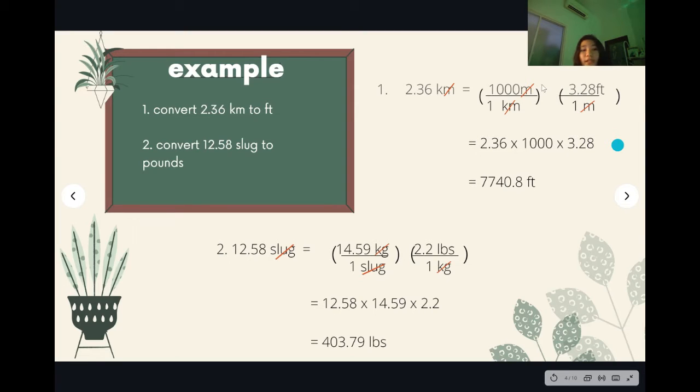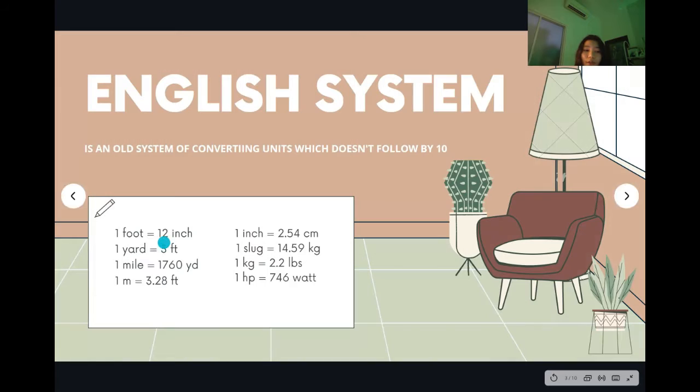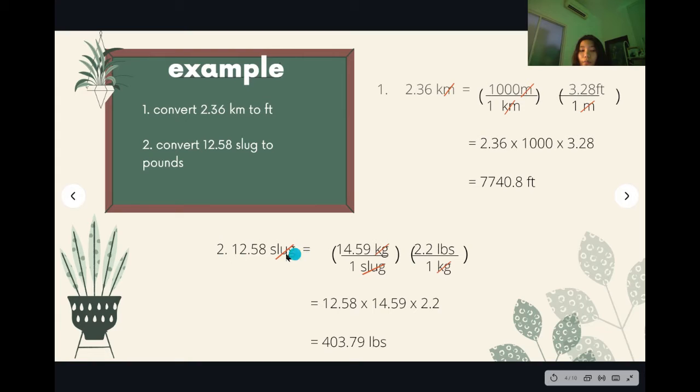As for question number 2, convert 12.58 slug to pounds. We need something to cancel out slug, so we need another slug. As we see here, 1 slug equals 14.59 kg, so we write it as 14.59 kg over 1 slug, and cancel out this slug and this slug.